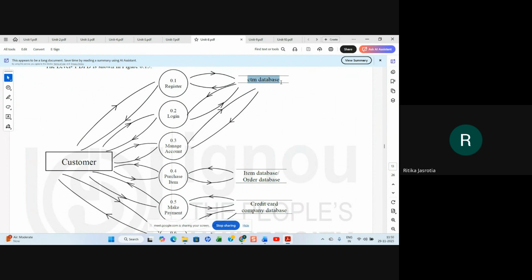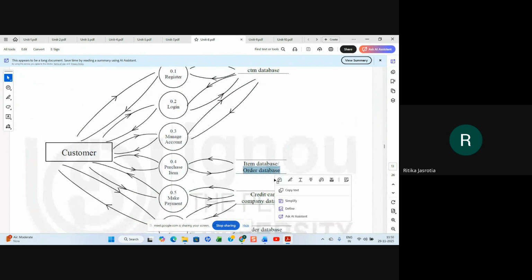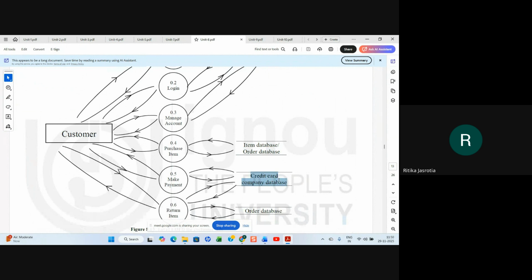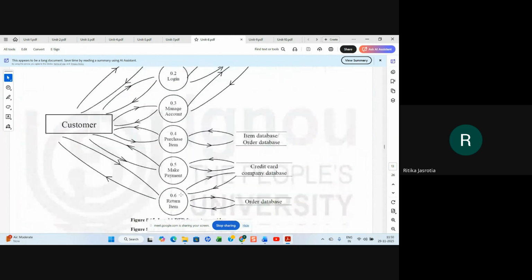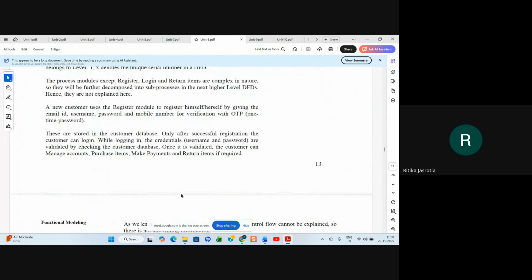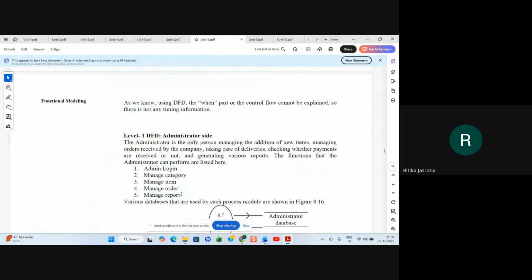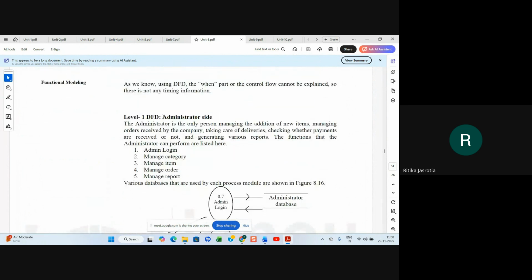So you have customer database, you have item or order database, you have credit card company database, or you can say payment, and order database. This kind of thing, right? So this is level 1 DFD. Then you have level 1 DFD from the administrator side. Administrator can also log in, manage category, manage item, manage order, manage report.